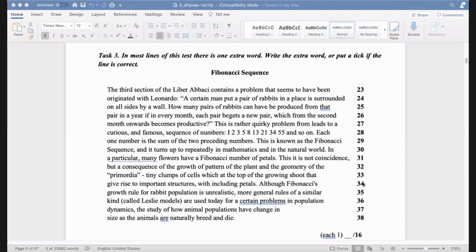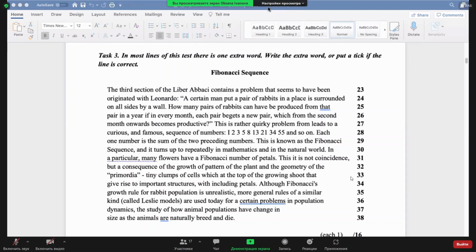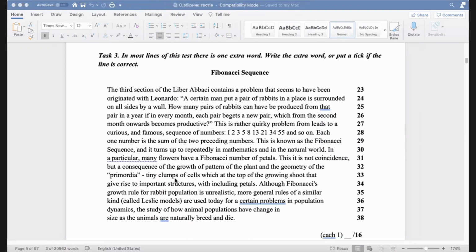But what about 33, 34? Uh, 33, okay. 34.